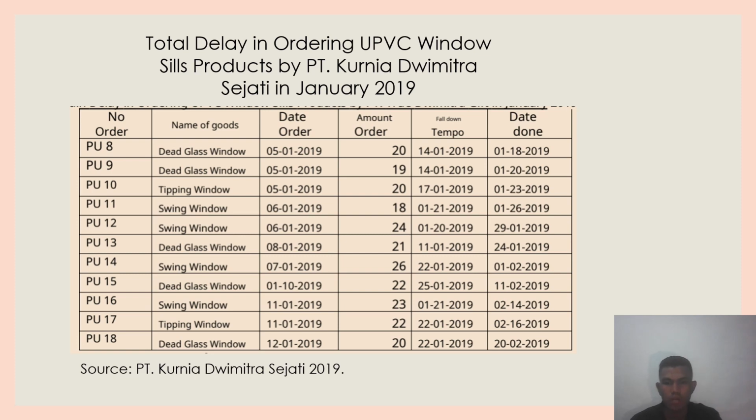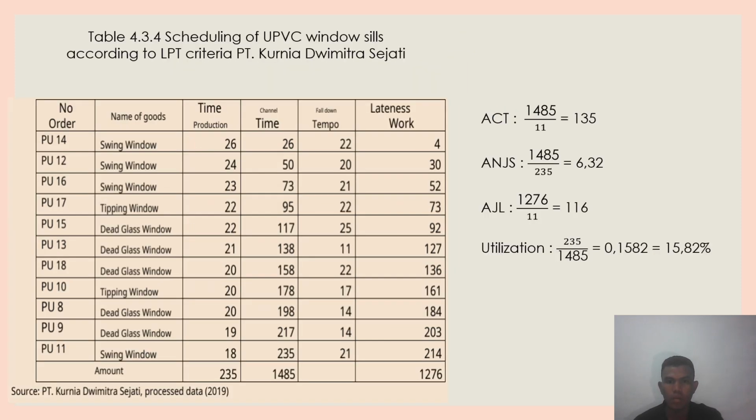But now we focus on the LPT method, longest processing time. This LPT sequencing technique is one of the scheduling processes that can be used by PT Kurnia Dwi Mitra Sejati, because in this method, the job which has the longest time is the one that is done first.